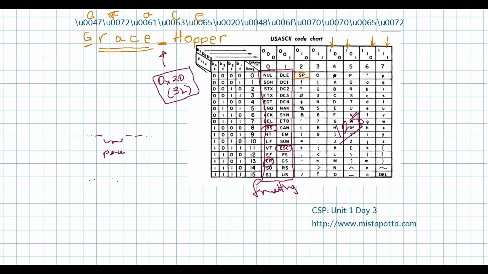And all of these symbols do things with transmission of letters, either transmitting the letters starting and stopping, or acknowledging and synchronizing connections, or physically moving the cursor up or down or left or right, which is what all of these commands do.